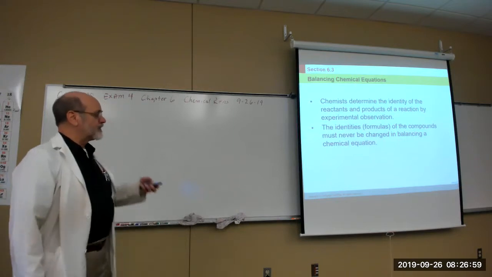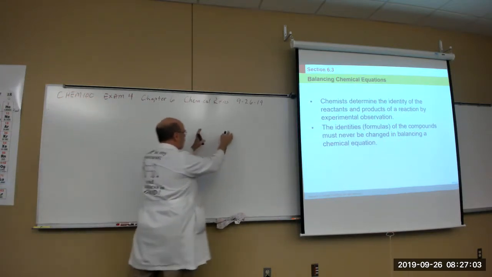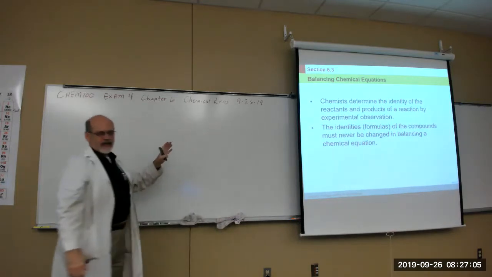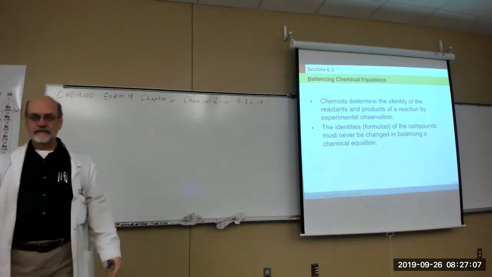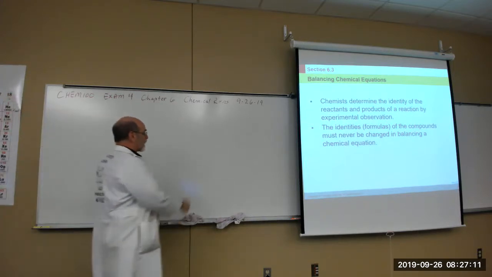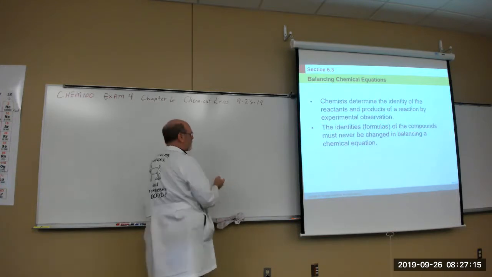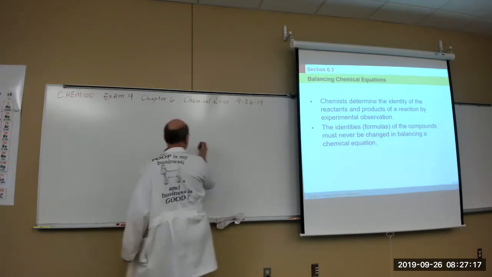Okay, once these compounds are established as reactants and products, you cannot change their formulas. In other words, in order to balance the equation, you can't go in here and change subscripts. Like say we have this one.